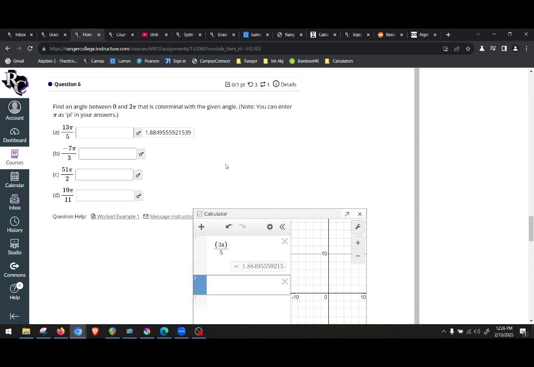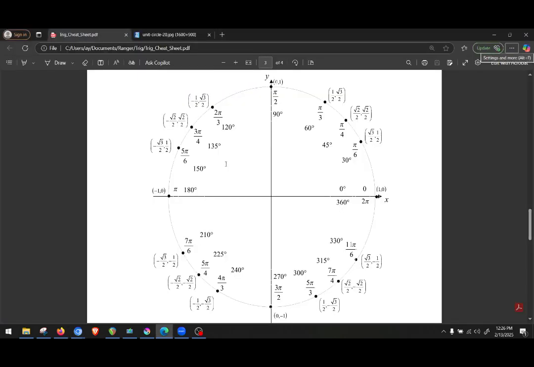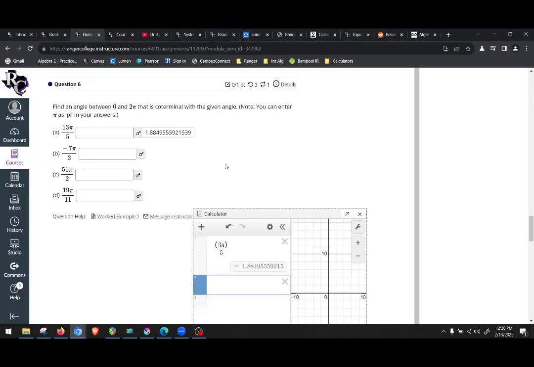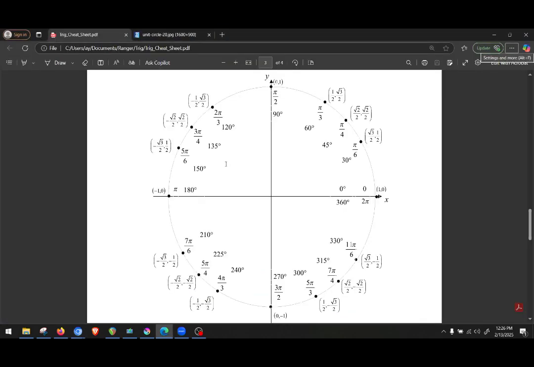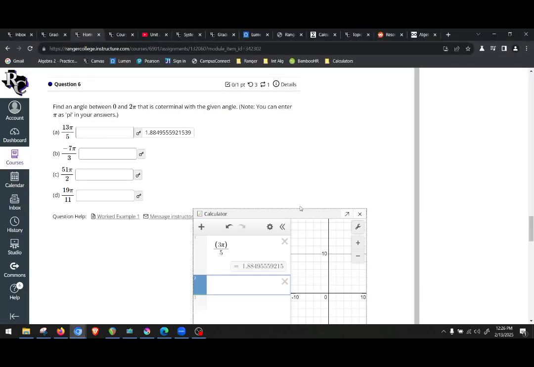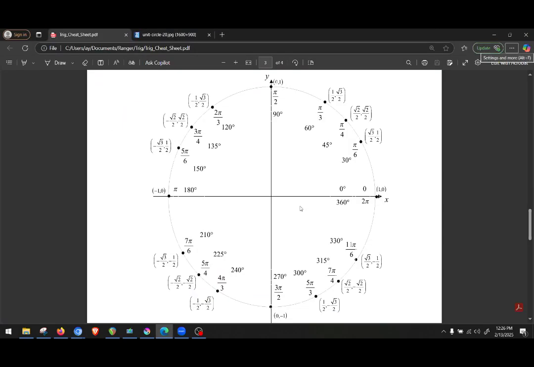Checks out. Let's take a look at the unit circle. Where did we start out? 13 pi over 5. Actually, we don't have that one on the circle.